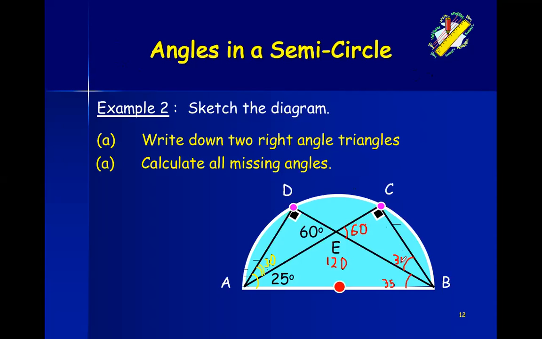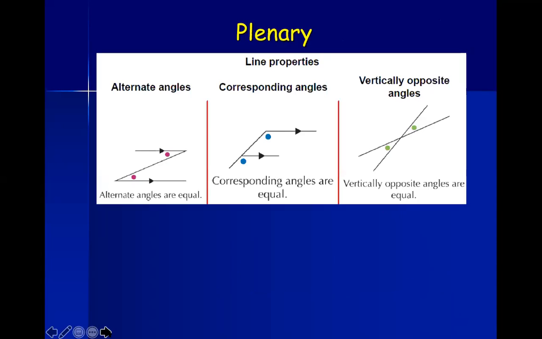And I've done all the angles: 30, 35, 30, 25, 60, 60, 120. If you want to be pedantic, you can say that that's 120 as well. So that's how you would solve that, by just using some of the techniques.